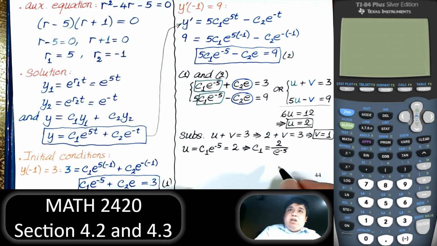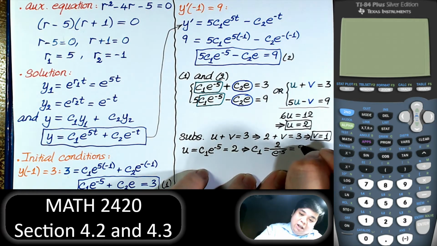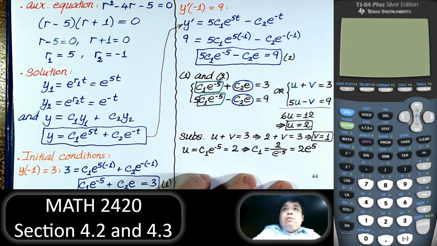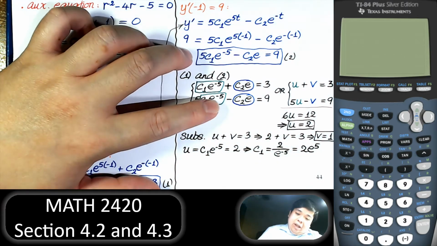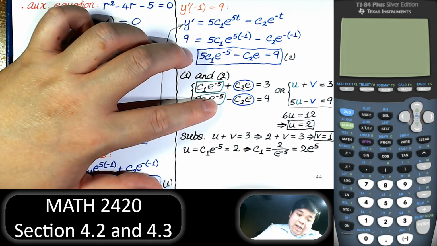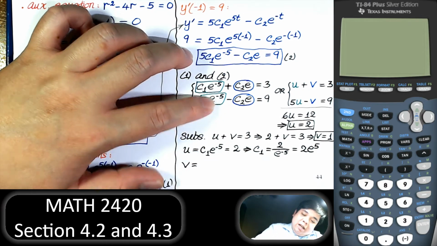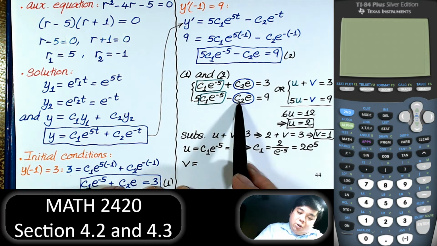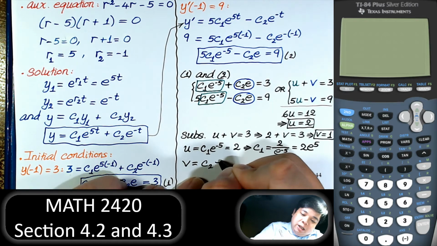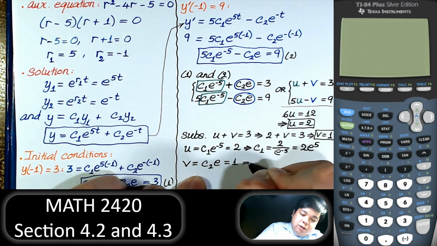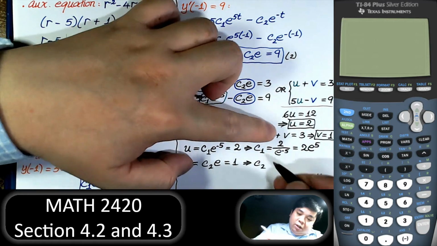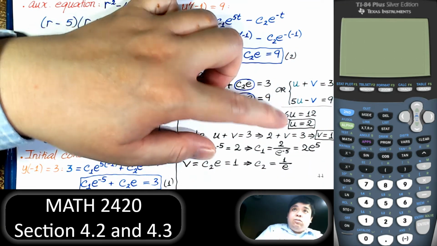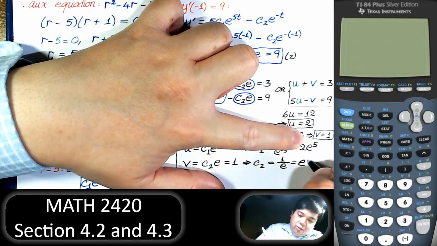Of course, dividing by the number, it moves to the top and becomes positive, so that is e to the 5 power. Now v is equal to 1, and v is equal to c2 e, which is equal to 1. So c2 is equal to 1 over e, or we write this as e to negative 1.